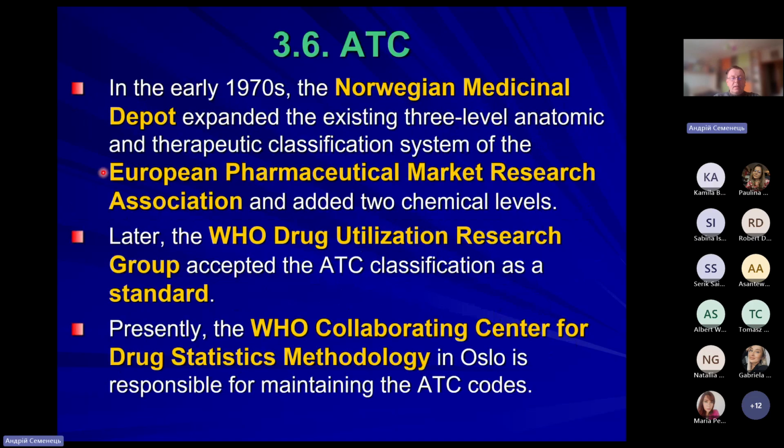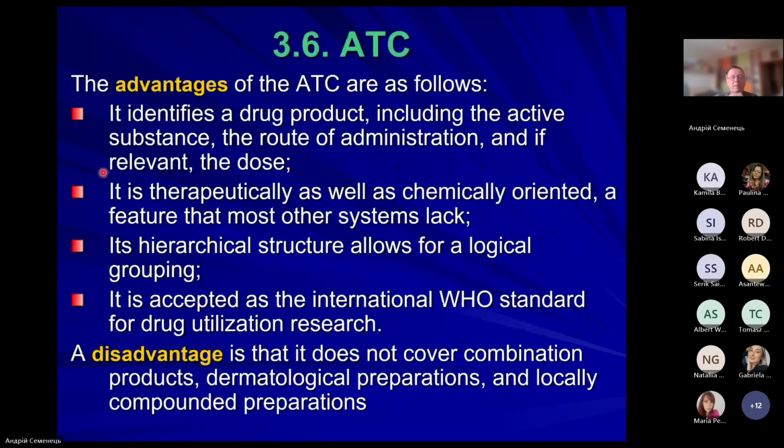It started in Norway in 1970 when the initial classification was proposed. Then it was adopted by the World Health Organization, especially the Drug Regulation Research Group, and is maintained now by the World Health Organization, but still with headquarters in Norway.